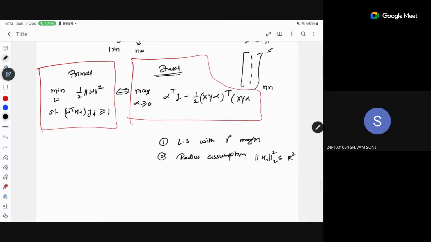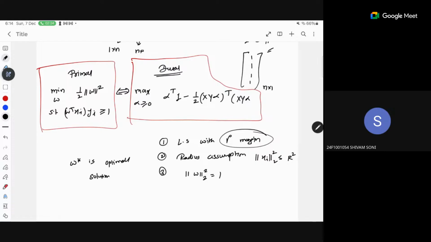These two are there, and what else is there? Along with this, the length of W star equals 1. W star is the optimal solution, and whatever space of W we are searching, the length of that should be equal to 1, right?